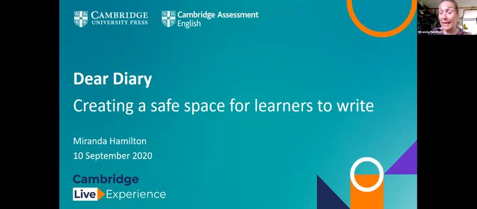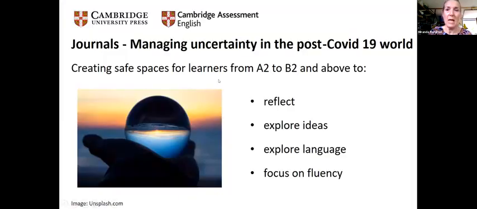It's an express session, so I'll crack straight on. It's about using journals and how we can use journals to create safe spaces for our learners to write in this post-COVID learning environment. So journals are a really useful tool that we can use to manage uncertainty as our learners go back to the classroom or back to learning in the post-COVID world.